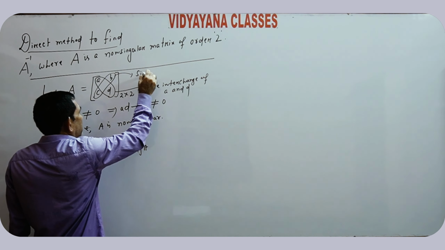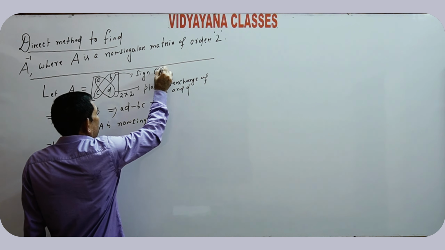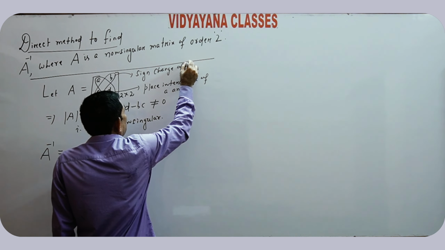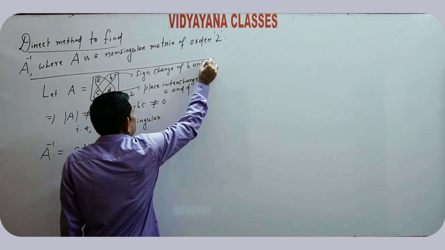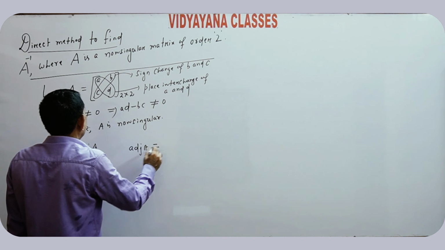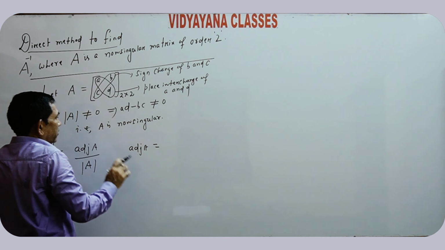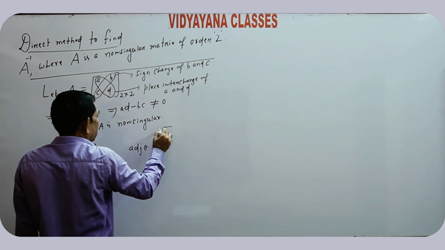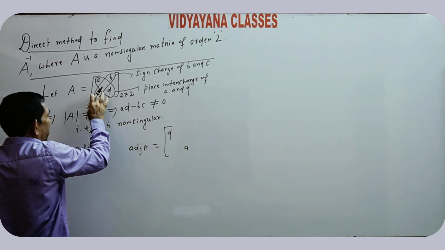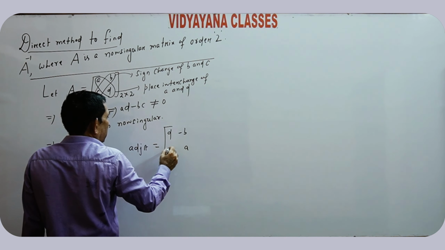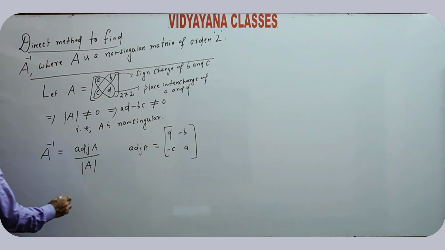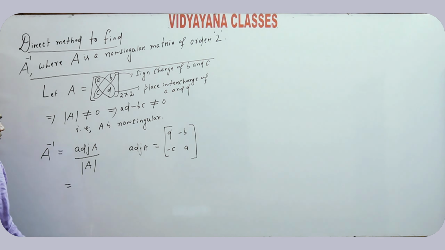Sign change of B and C. Adjoint of A is given by place interchange of A and D, it is D, A. Change of sign of B and C: minus B and minus C. So A inverse is equal to adjoint of A divided by A determinant.